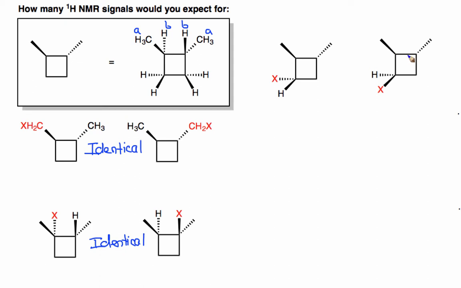and they're not superimposable. There's no way for me to set this compound on the right down on top of the one on the left, because essentially I have a hydrogen out, a hydrogen back, they would bump into one another. So these wouldn't line up. These two must be diastereomers.